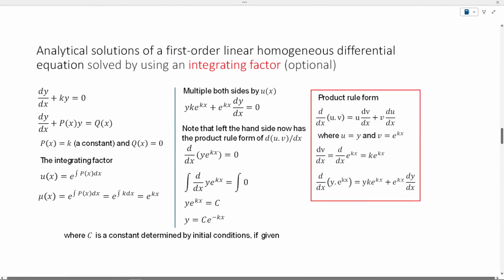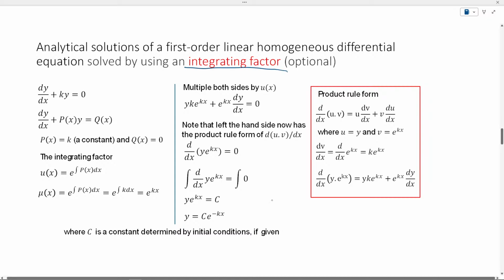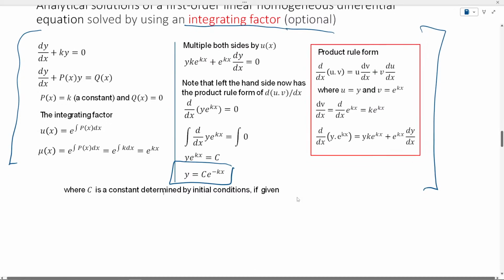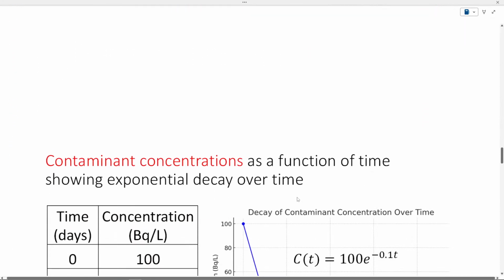There is another way of integration called integration factor. I'm not going to do this because I don't want this to be a math class. I think these details are not important for the purpose of this class, but if you want to look at it, you can. If you did this, you will end up with the same equations that we have here.